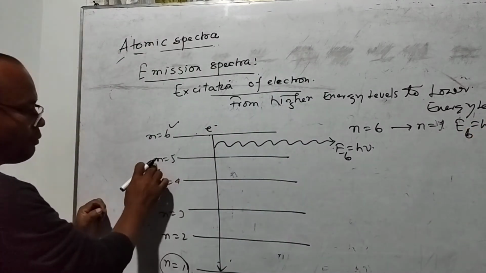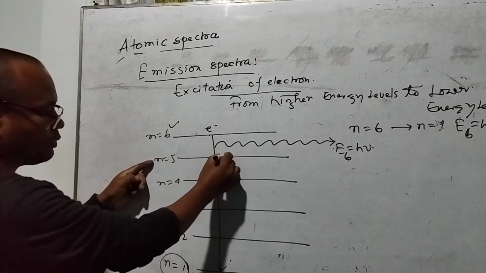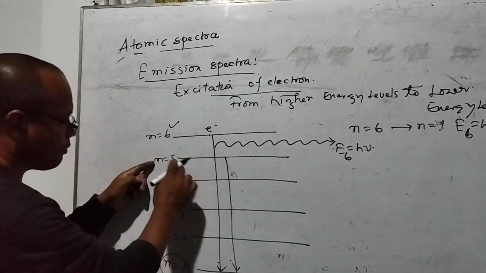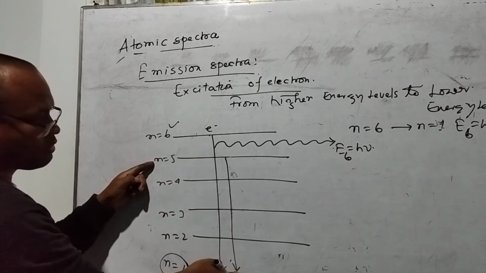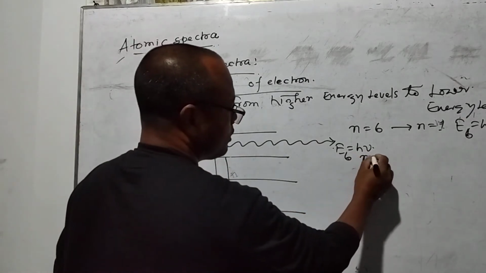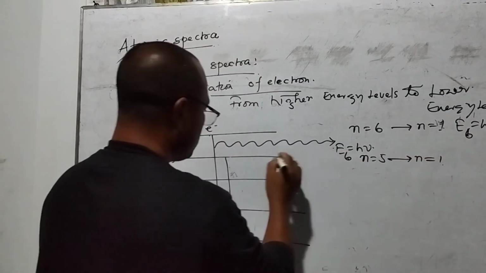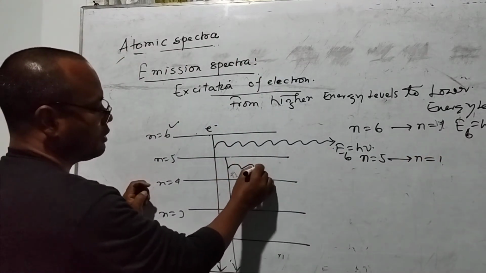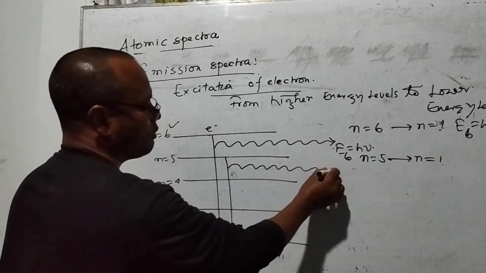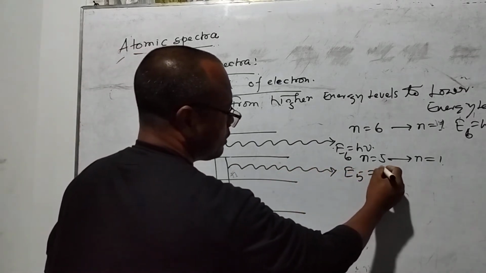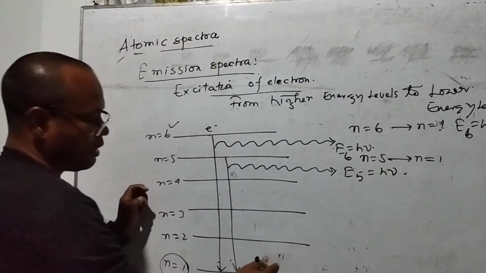Now again from the energy level 5, another excitation also takes place from n is equal to 5 to n is equal to 1. So I write n is equal to 5 to n is equal to 1. That energy also is emitted in the form of radiation.